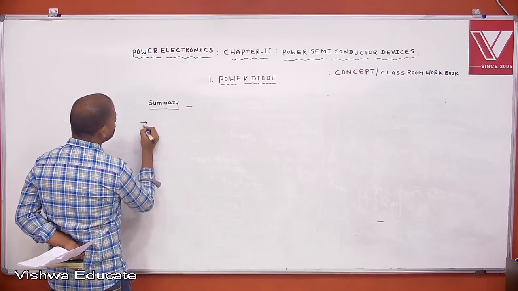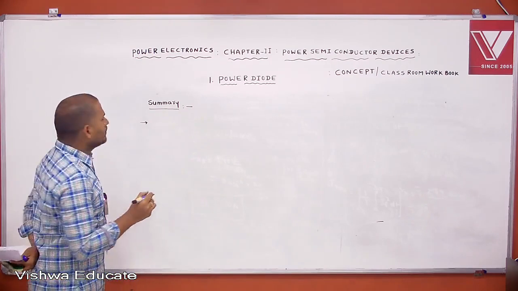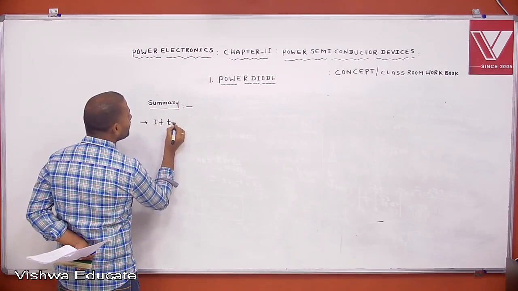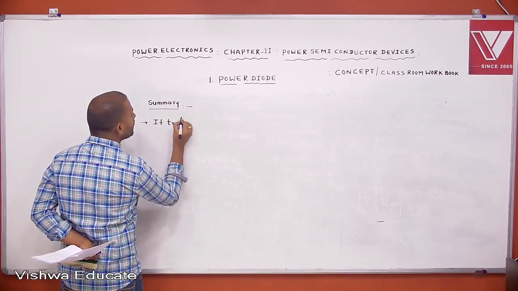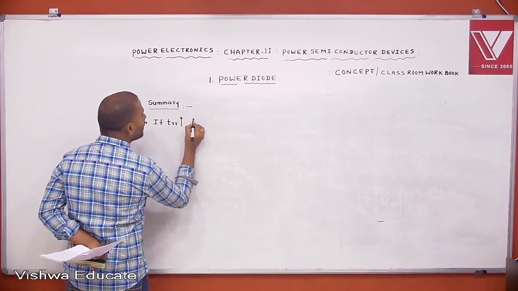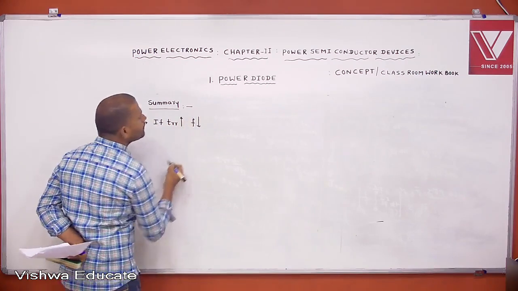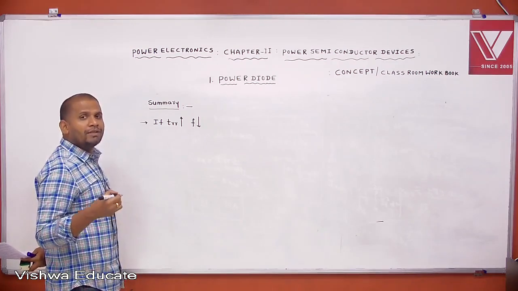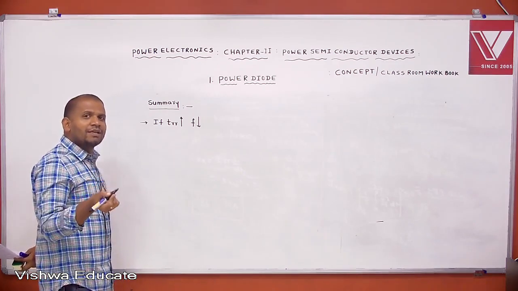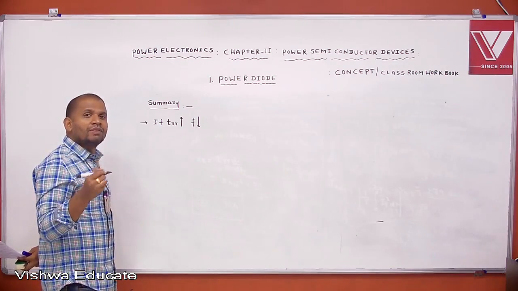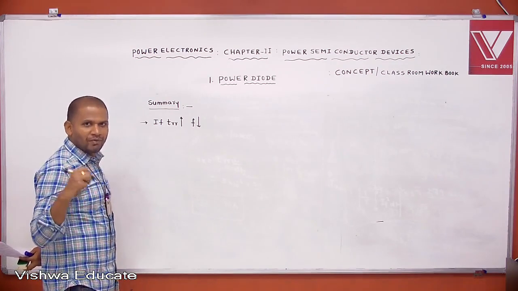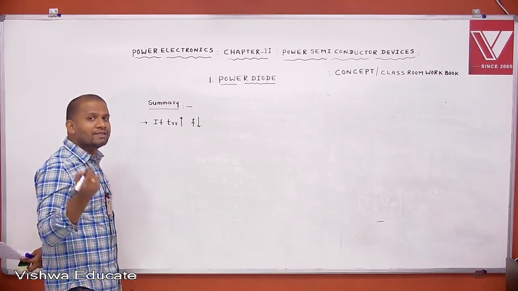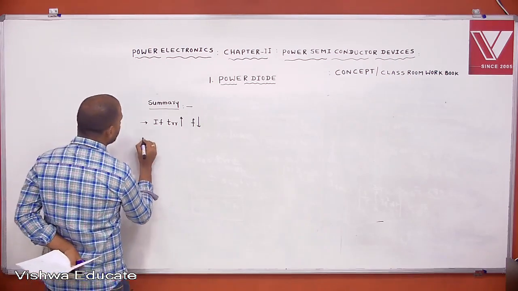We know that if TRR is increased, frequency of operation is reduced. That is one observation. If you want to operate the device at high frequency with less power loss, then it must be designed with less reverse recovery time. That point to remember.